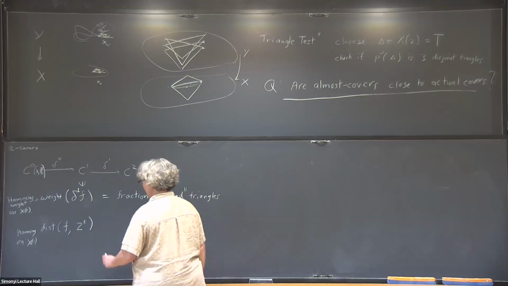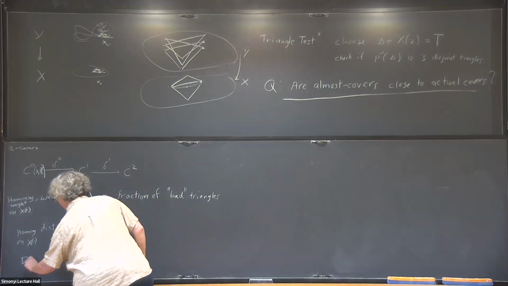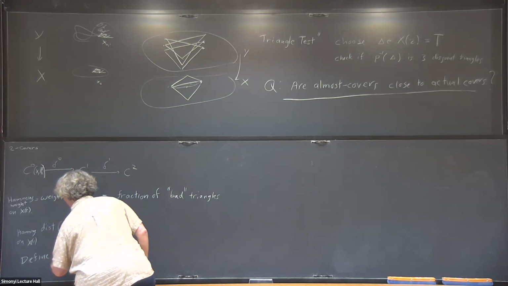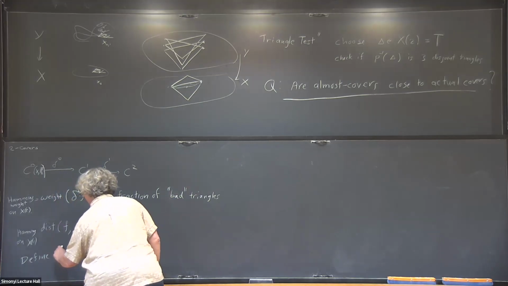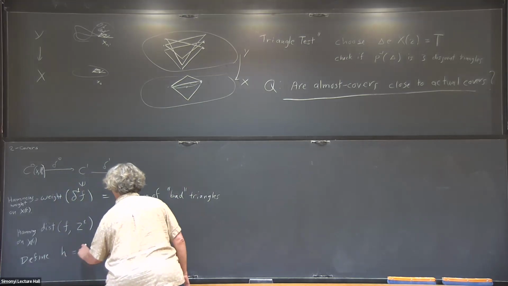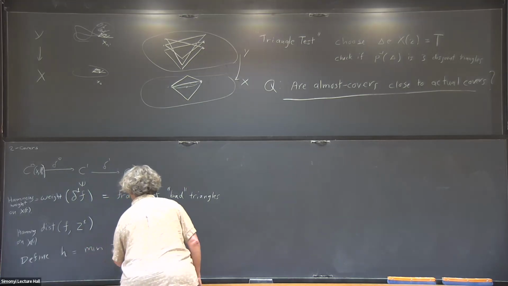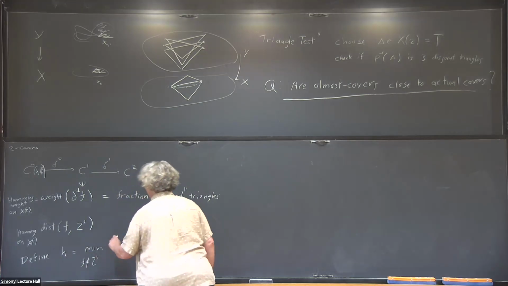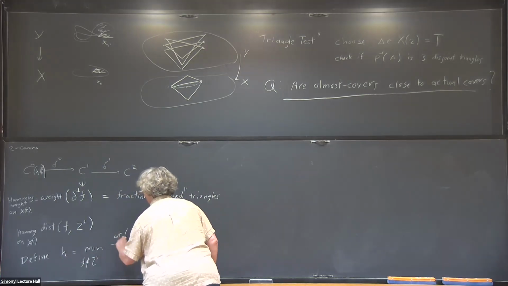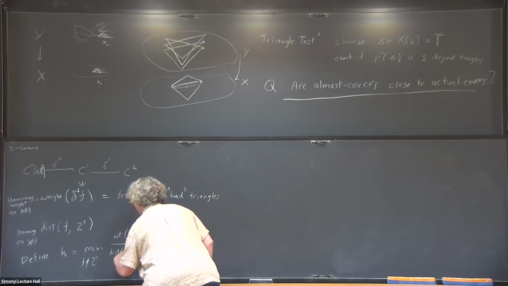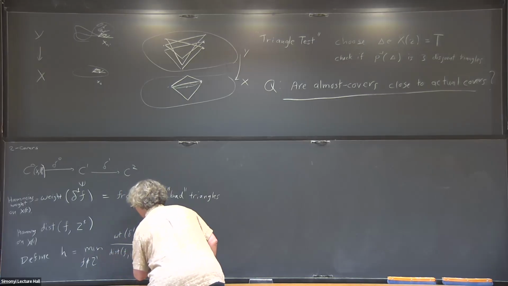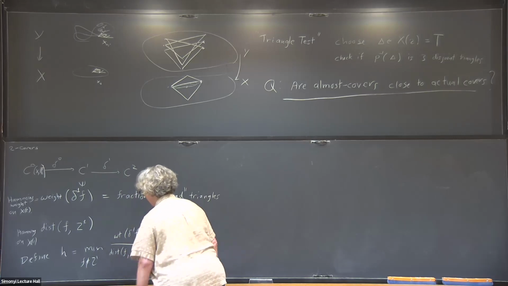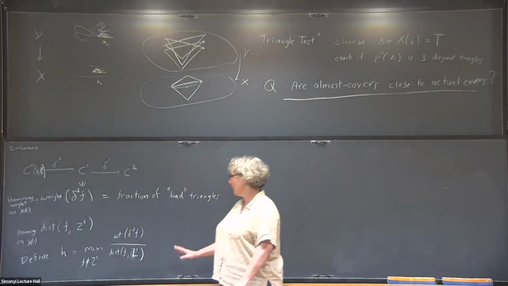And so we define the cocycle expansion constant, H, to be the minimum over all F's that are not in Z1 of this ratio: the weight of delta one of F to the distance of F to Z1.